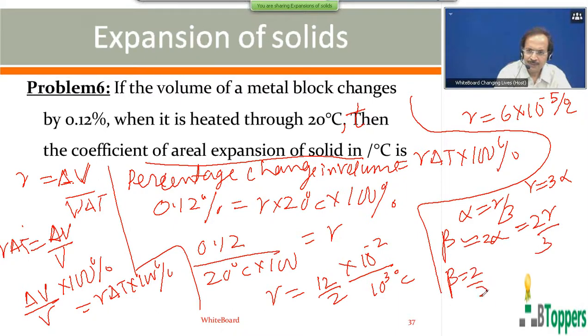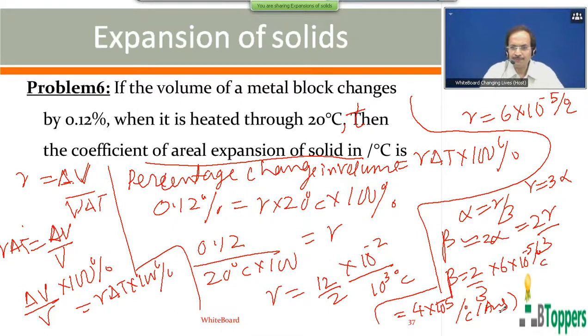So 2 by 3 times gamma, which is 6 into 10 power minus 5. So you can simplify it further. So you get the answer as 4 into 10 power minus 5 per degree centigrade.